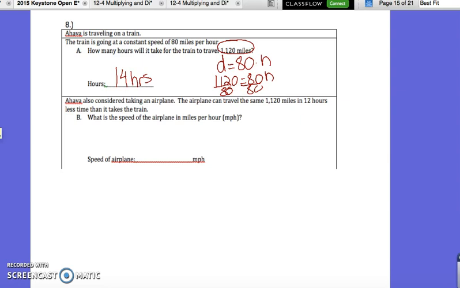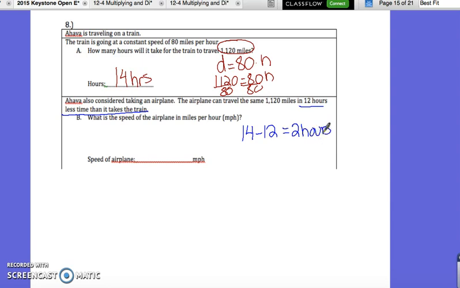Second part, you really had to pay attention to the wording. Ahava is also considering taking an airplane. The airplane can travel the same 1,120 miles in 12 hours less time than it takes the train. So the time is actually 14 minus 12, which is only 2 hours.